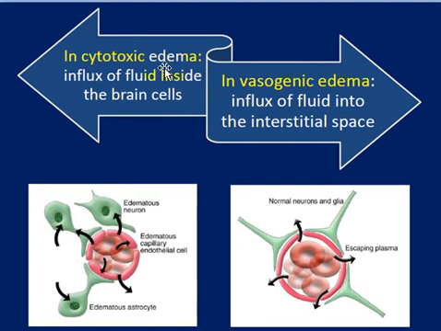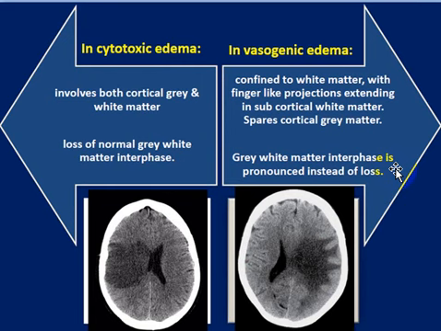As we said, in cytotoxic edema it is intracellular, the cells are swollen, and the blood-brain barrier is intact. In vasogenic edema it is extracellular, with fluid going from the intravascular to the extracellular interstitial space, and here the blood-brain barrier is disturbed.